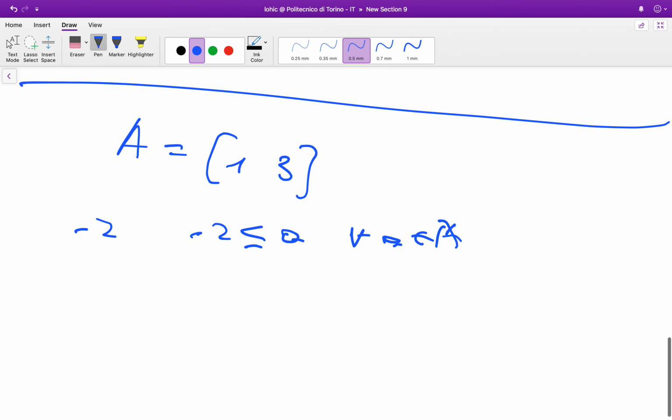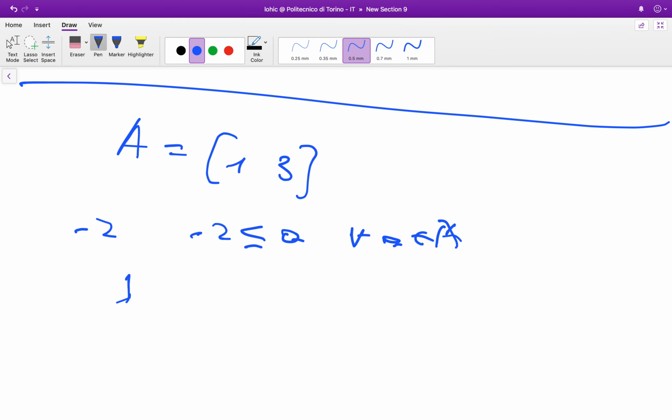So a minorant of a set is an element that is smaller than all the elements in the set. How many minorants do I have for this set? Infinitely many, because minus 2 is a minorant, minus 1.6 is a minorant. Any number smaller than all the numbers in the set is a minorant. Among them, I can take the greatest minorant, the biggest minorant.